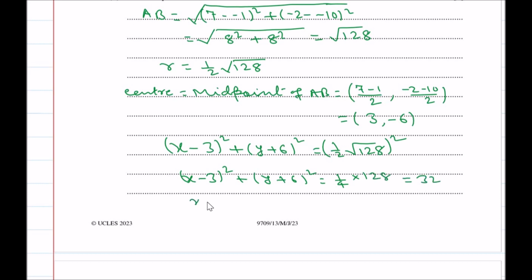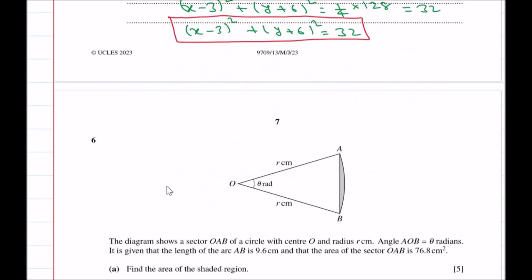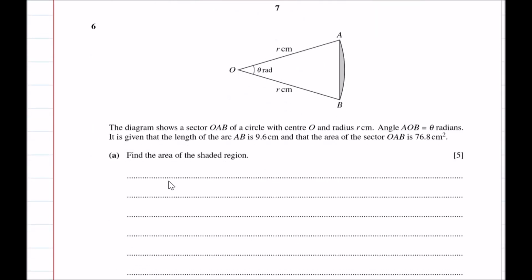So we can write (x minus 3) whole square plus (y plus 6) whole square is equal to 32. So this is our answer. Okay, go to the next question.